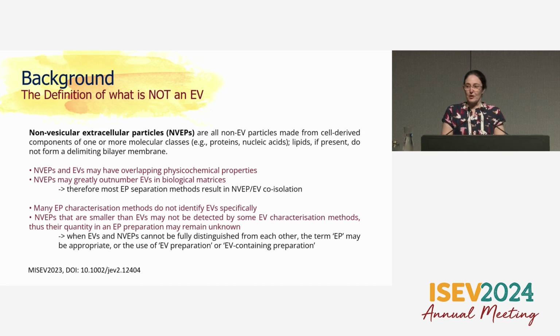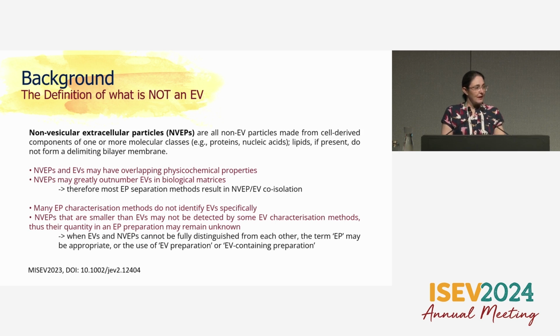The other challenge, and we're going to hear more about this later, is that the NVEPs, I wish there was a catchier name, greatly outnumber EVs, often in biological matrices such as biofluids. What we find, and this will be highlighted in a couple of talks, is that many extracellular particle separation methods result in co-isolation of NVEPs and EVs.